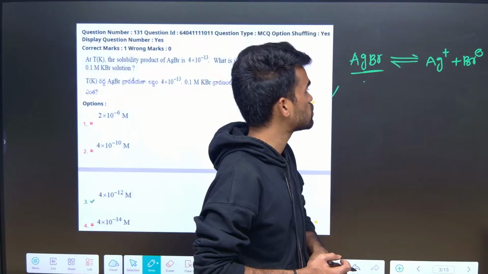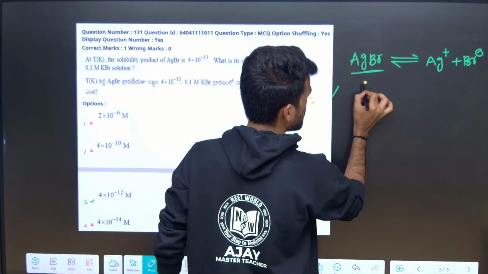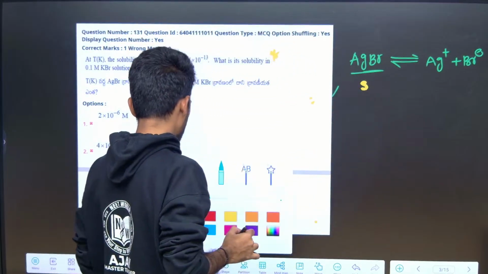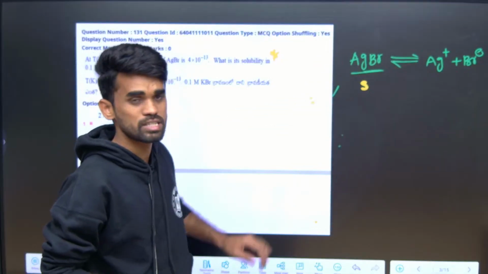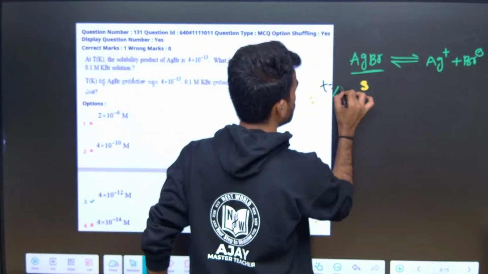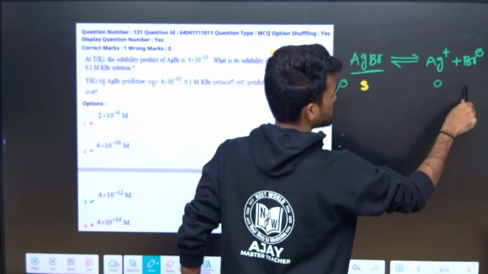So in a saturated solution, what happens? If S is the solubility concentration we have taken for this AgBr, then initially at time 0 we have S here and 0, 0.